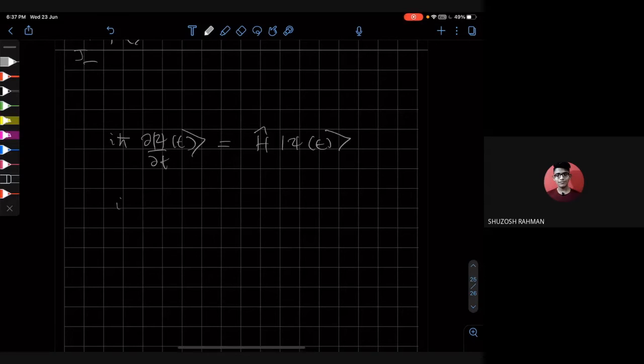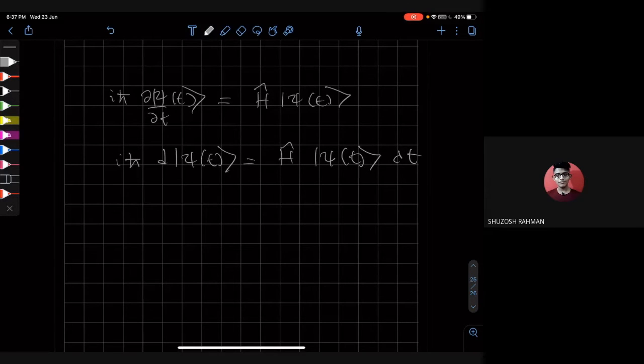So I can write this as i h bar d psi of t by dt equals h psi of t, and because this is time independent, I can try to integrate it.